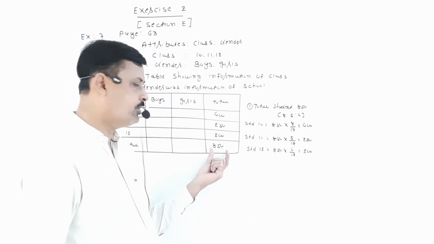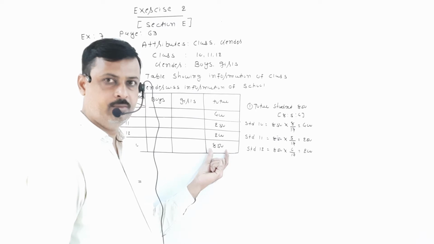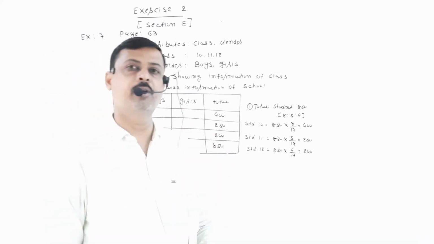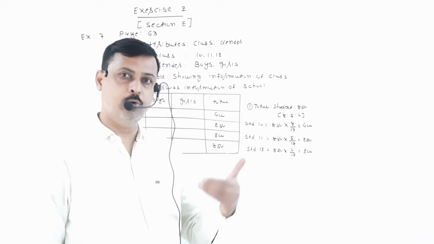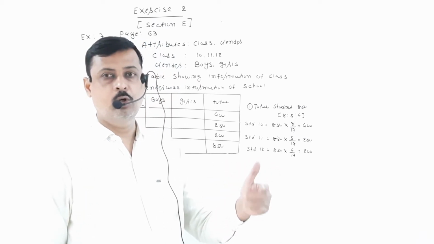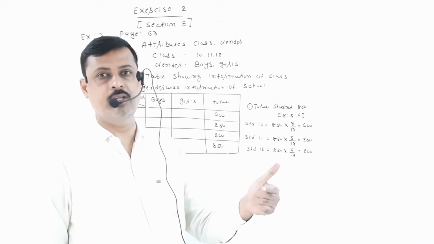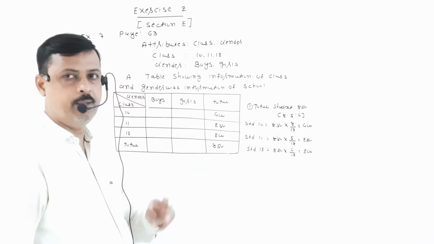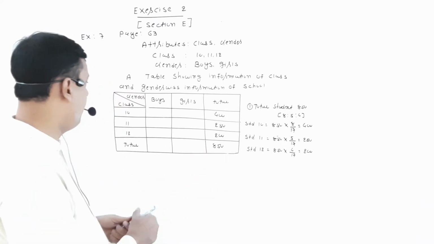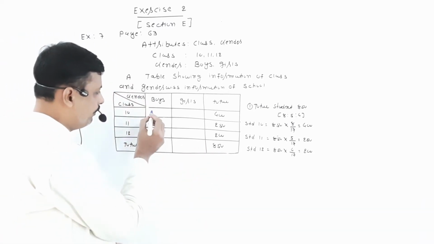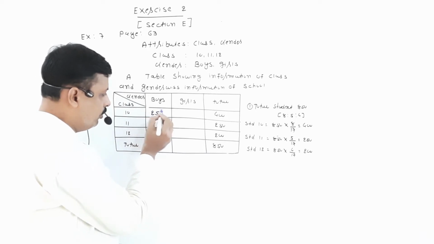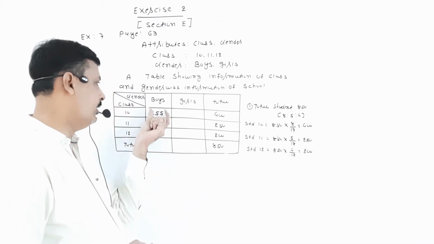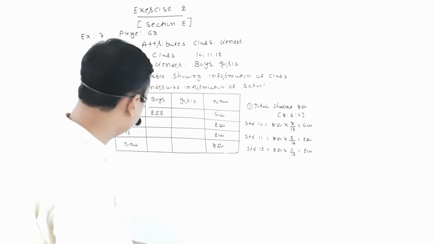How many students in the school? 850. 850, 30%, 255. So 30% of the total 850 students of the school are boys in standard 10. So 850 30% becomes 255. So number of boys in standard 10, that is 255.